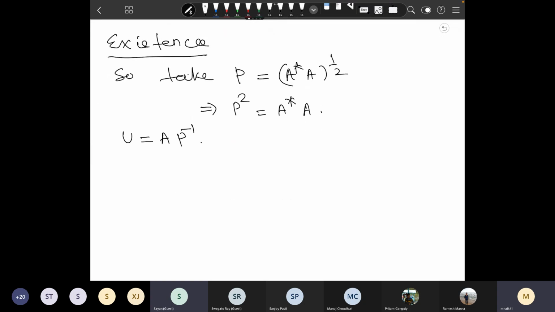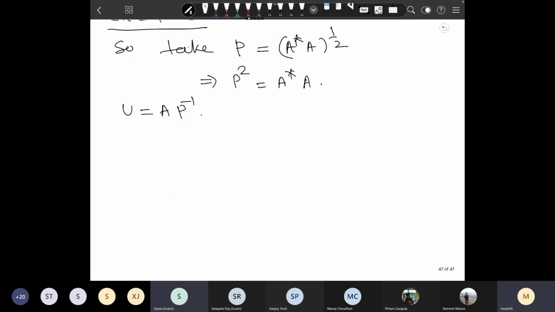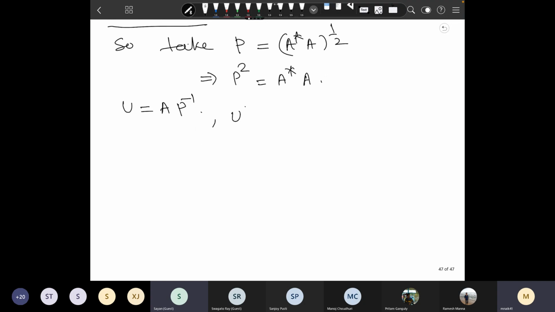I have to only show that this U star U is identity. So let us see that. So what is U star? This is equal to (A P inverse) star. That is P star inverse into A star. But P star is equal to P. This is P inverse A star.